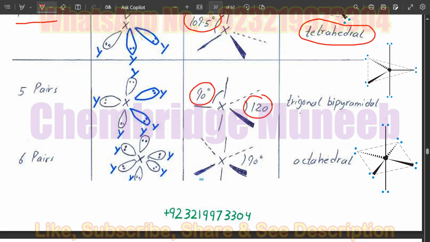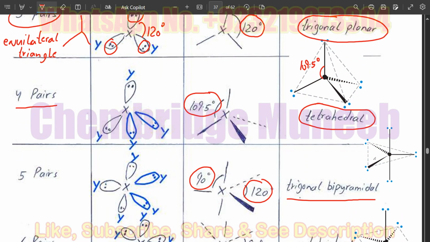The shape of such a molecule will be trigonal bipyramidal. You have to learn this name, trigonal bipyramidal. And in this trigonal bipyramidal, the arrangement of the atoms is like this. I can again show you the structure in 3 dimensions through the website.